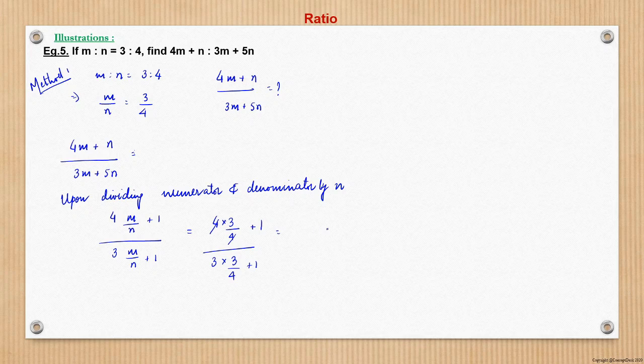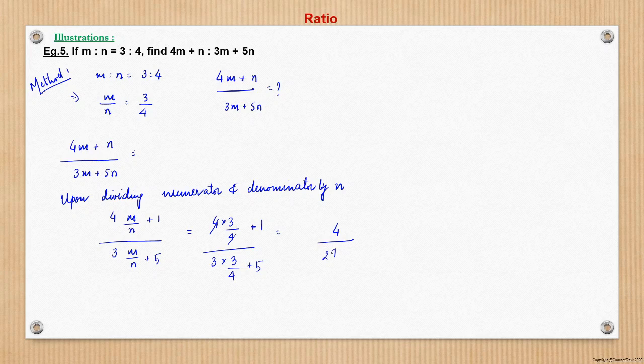So here it is 3 plus 1, 4 in the numerator, and in the denominator it becomes 9 by 4 plus 5, sorry, this is 5 here. So 4 fives are 20, after taking LCM, and 9.